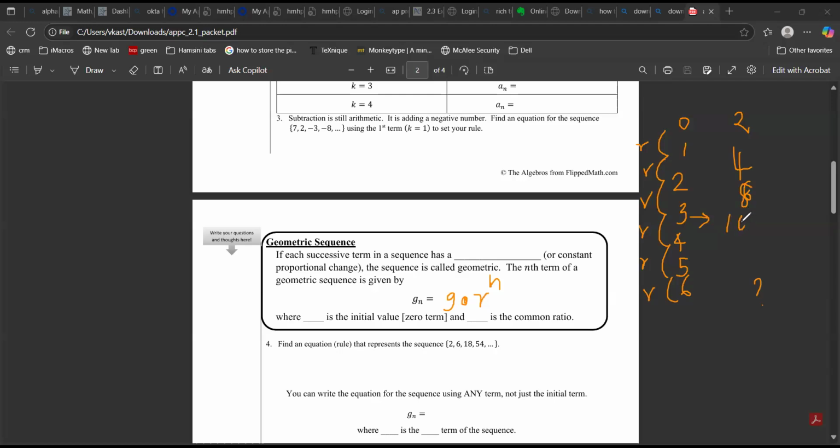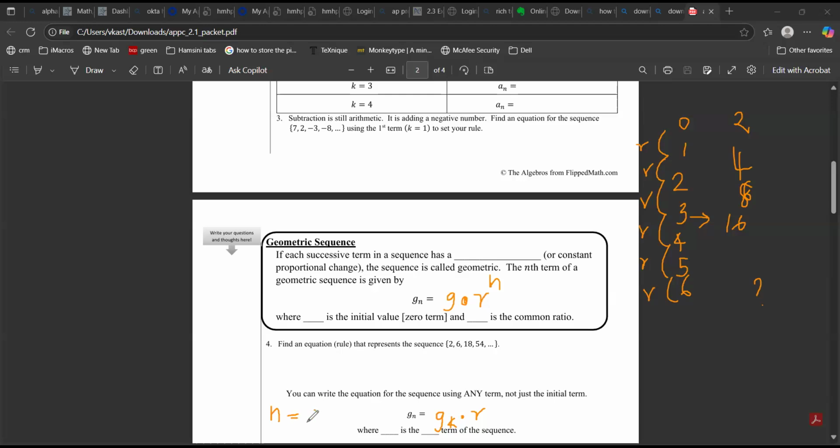Now, if we are given the third term and you're asked for the sixth term, let's say Gn: you're given the third term, which is the kth term. So how many common ratios will I multiply to get the nth term? Here, n is equal to 6.